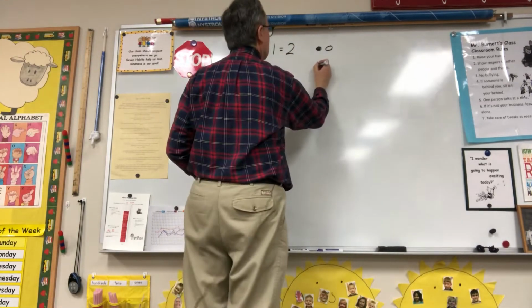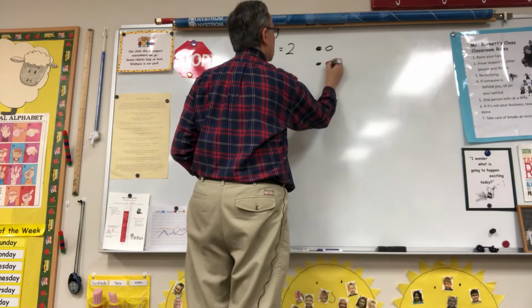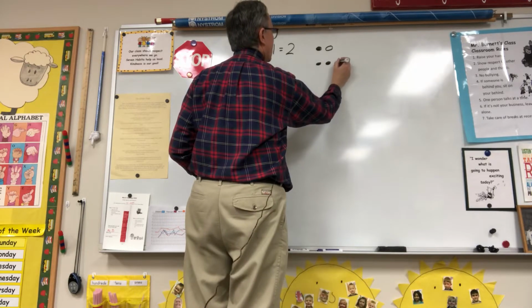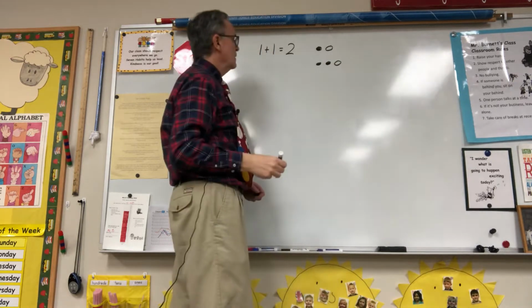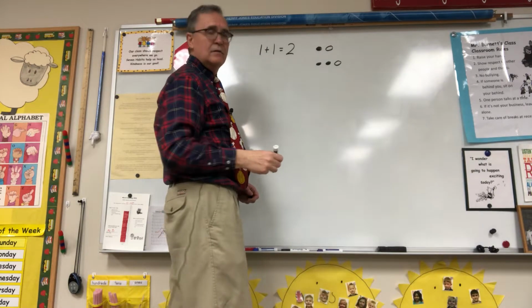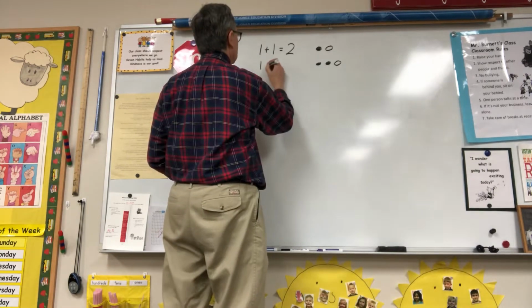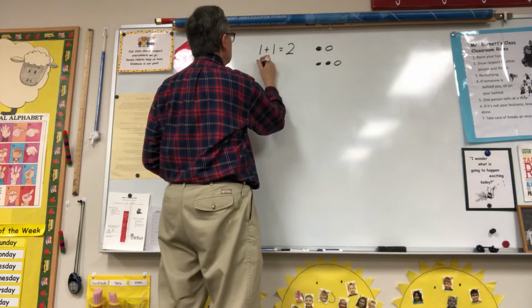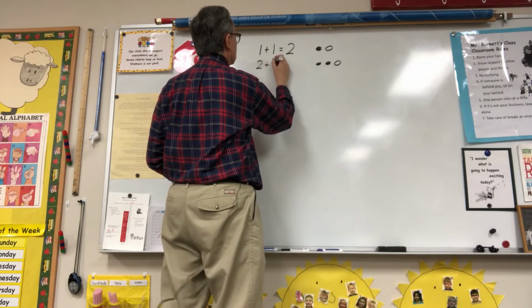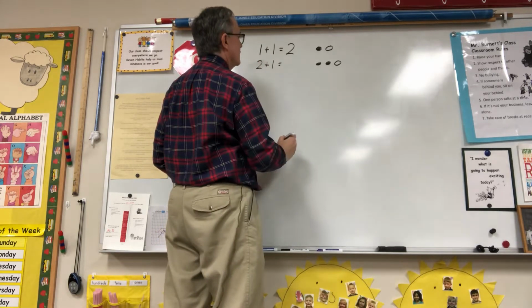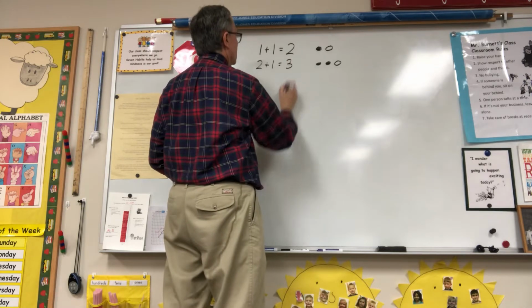Now let's do 2 dots and add one more. How many have I got now? 2 plus 1 equals 3.